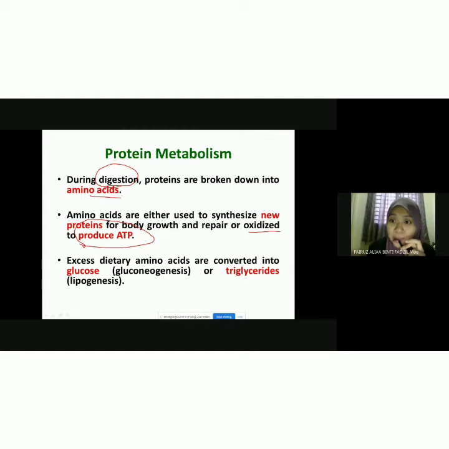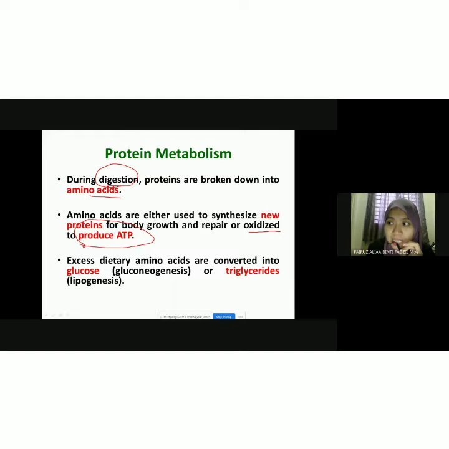But actually, amino acids also can be used to generate ATP, but the amino acids need to be converted into glucose first. We have learned gluconeogenesis, isn't it? So the amino acids must convert to glucose first through gluconeogenesis.